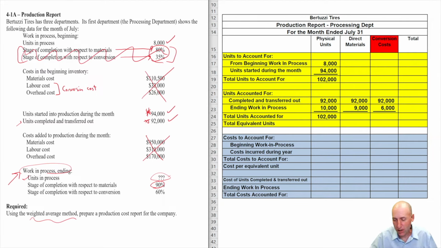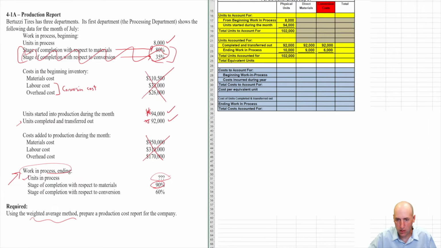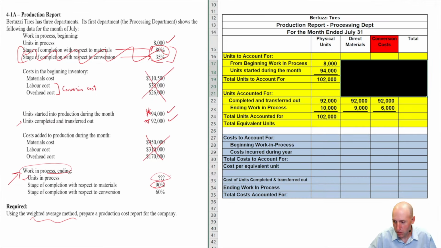And in fact, with FIFO, we would be filling in these cells. We're not going to fill in these cells at all. So let's just paper those over. And these will never be filled in either. So there's a lot of cells that just don't get filled in on this chart. There's quite a bit of blank space.